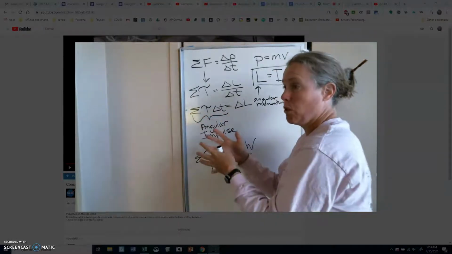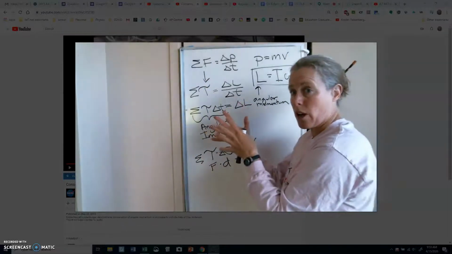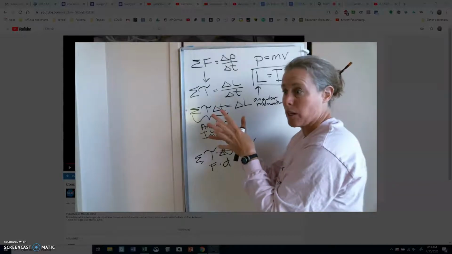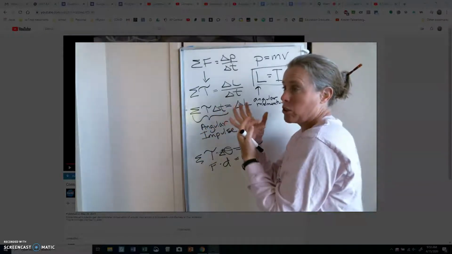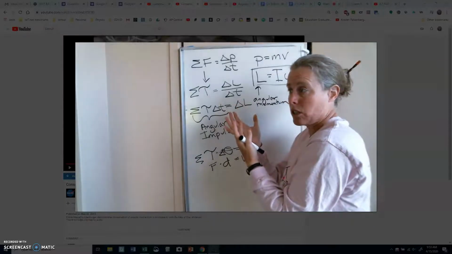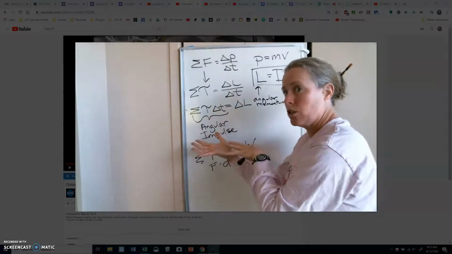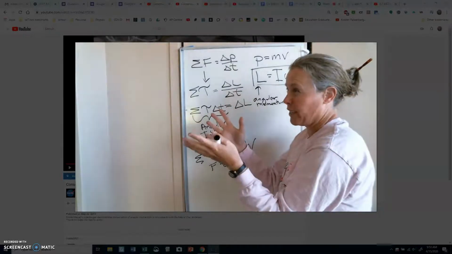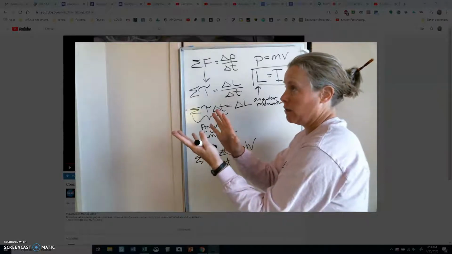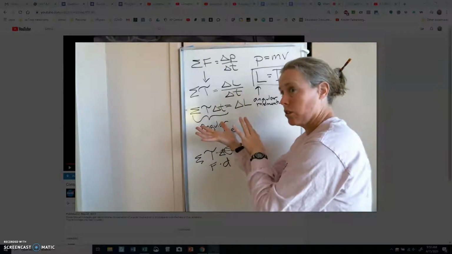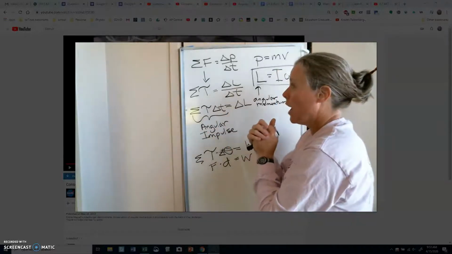Chapter 4 was Newton's laws. It wasn't written like this, but net force equals mass times acceleration. We had a net torque equals rotational inertia times angular acceleration. Chapter 5 is circular motion, so we've had a conversion from centripetal acceleration to rotational.